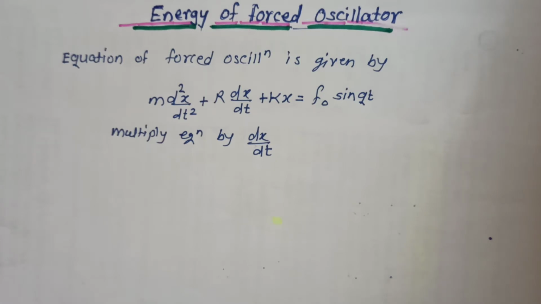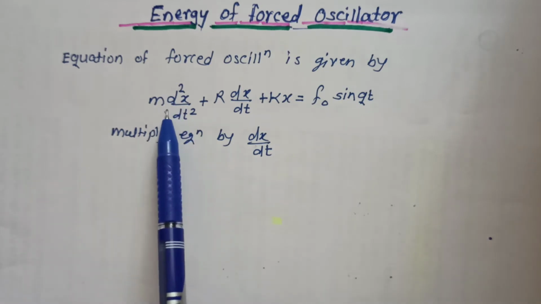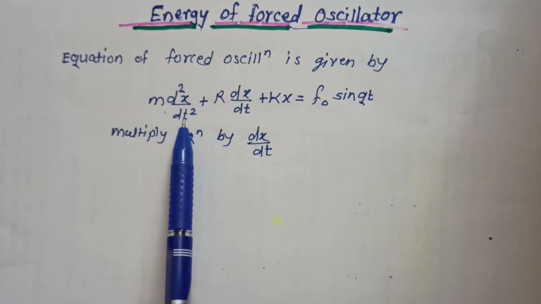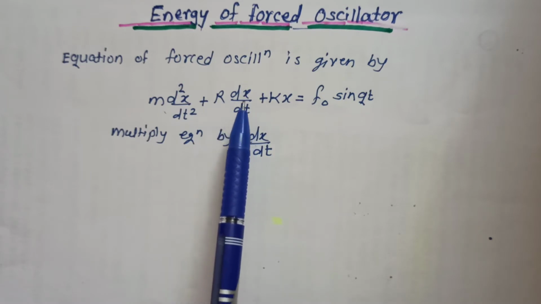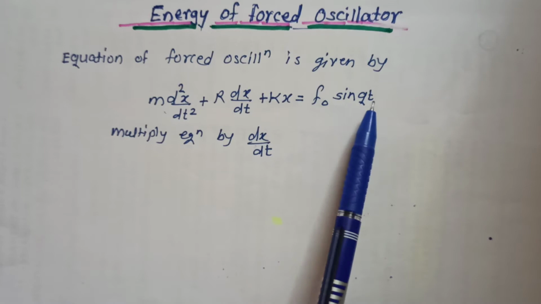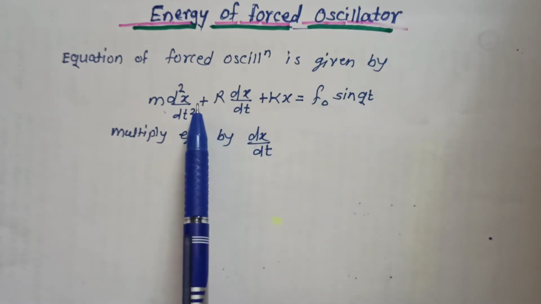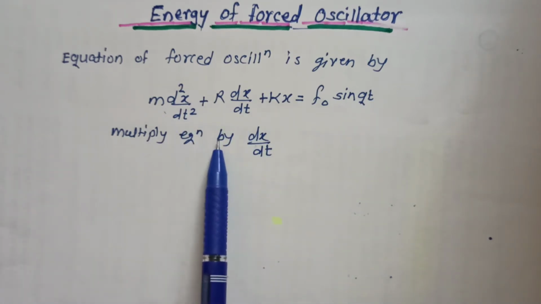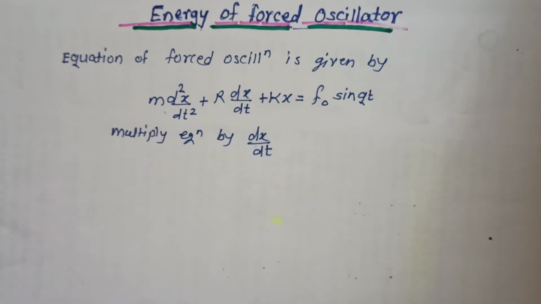The differential equation of forced oscillation is given by m d2x/dt² + r dx/dt + kx = F0 sin qt. Multiply the above equation by dx/dt.